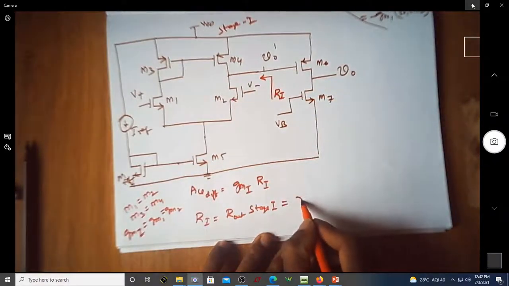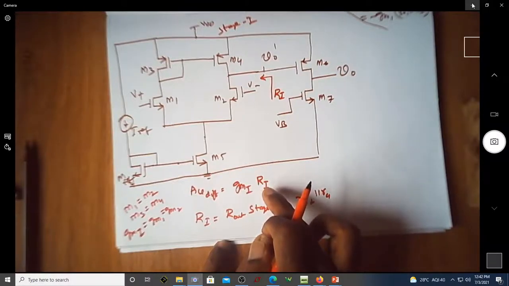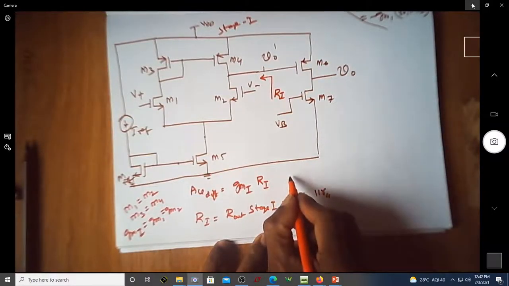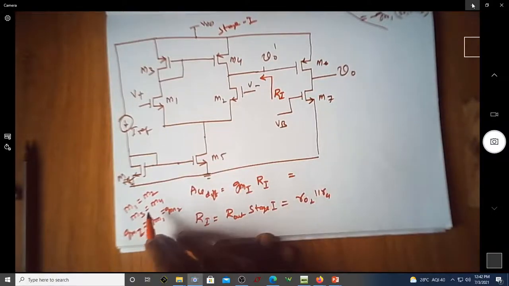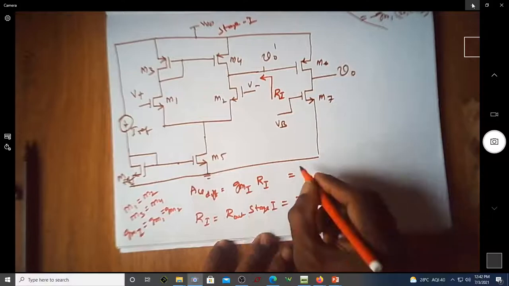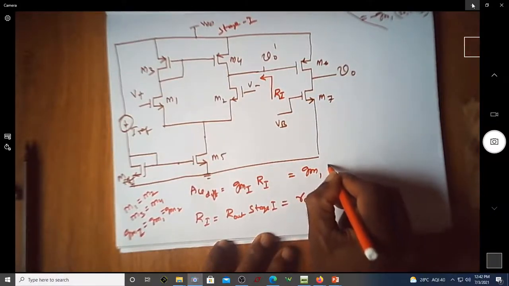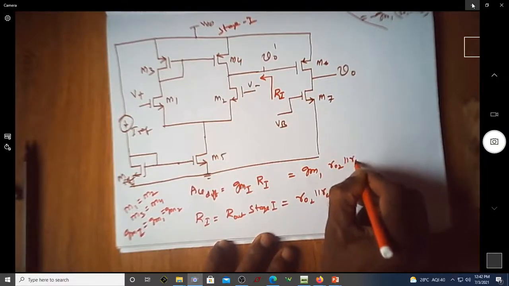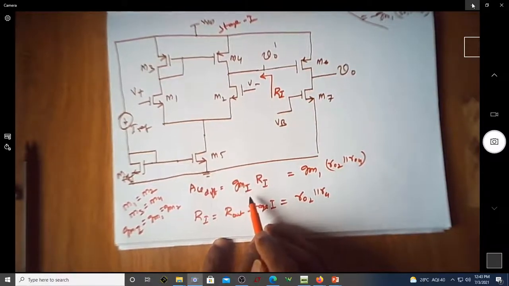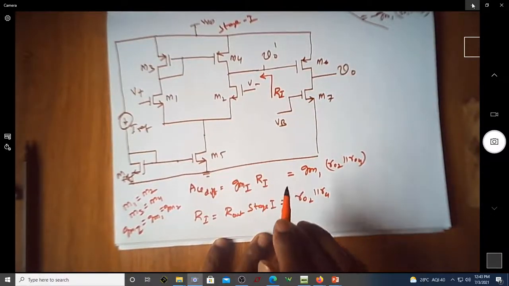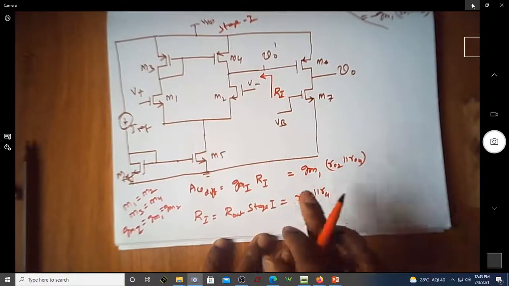So I can write R02 parallel with R04 as the resistance of stage 1. Since GM1 is the same as GM2, the actual value will be GM1 into R02 parallel with R04, but in terms of stages I will write it as GM1 multiplied by R1. This is the gain of the amplifier.